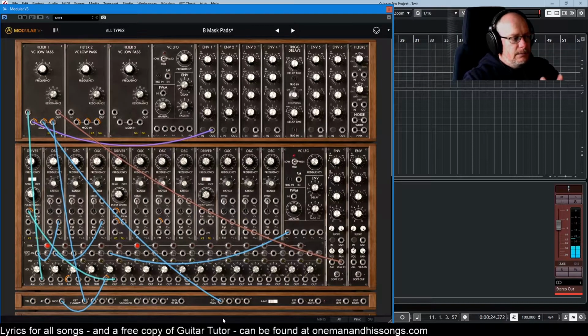Obviously I've messed with the levels a little, and if we turn the knob, it gets much deeper.